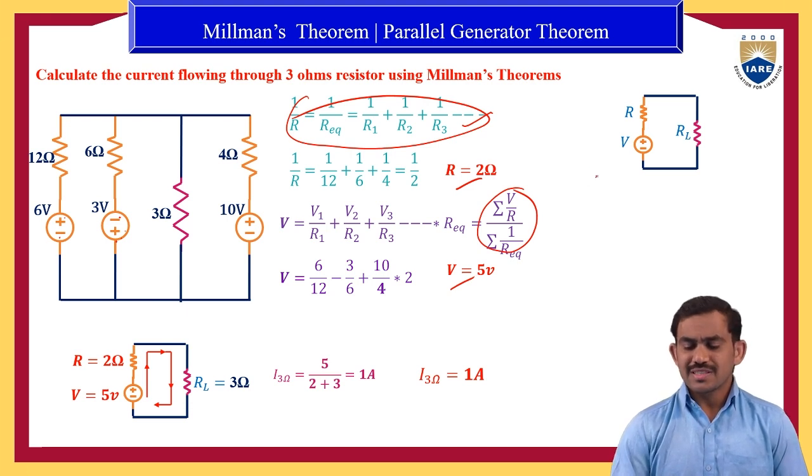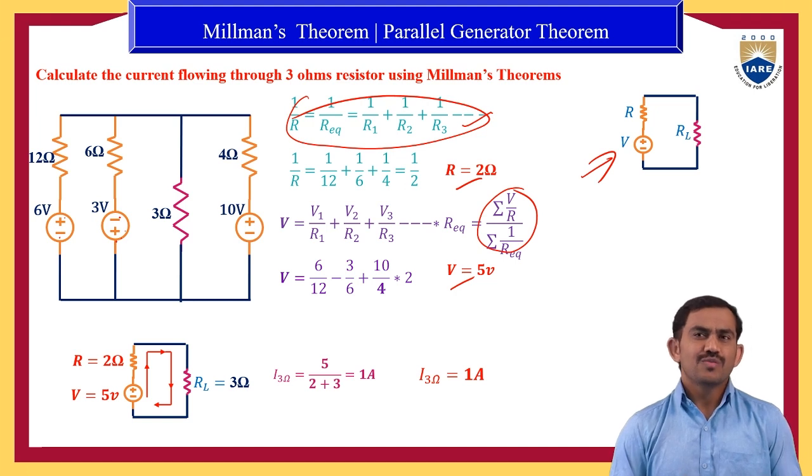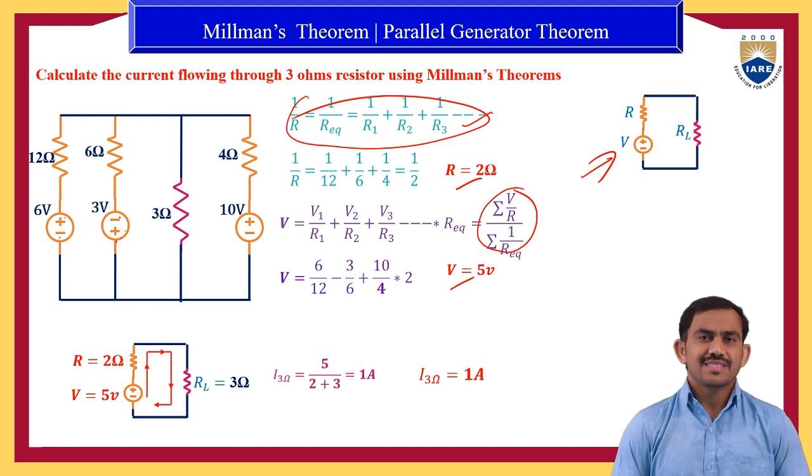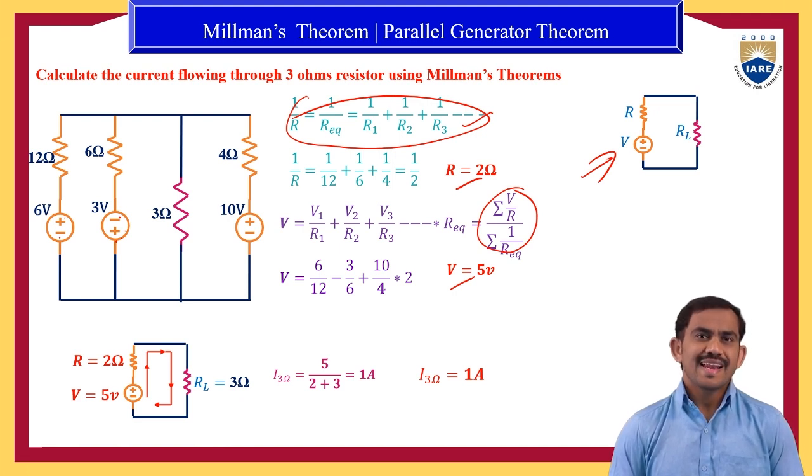Substitute them into the single circuit; then we have only one loop. I equals 5 divided by the resistor 2 plus 3. We get 1 amp. So in this circuit the current through the 3 ohm resistor is 1 amp.